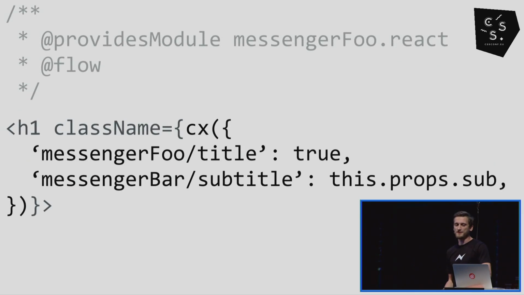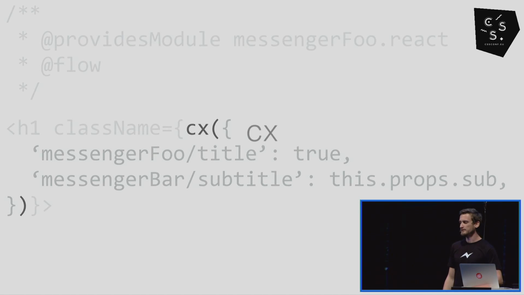But we can do more complex things. Instead of saying just use this class name, we can pass it some JSON. And in this JSON, the property names are the actual class names that we want to use, and the values are booleans, and they signal whether or not to include this class in the class list. And let's focus on the weird thing over there, that's CX.